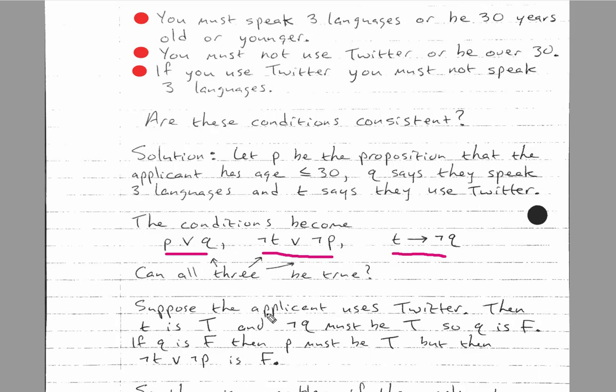So if the applicant uses Twitter, then we can make these 2 conditions true, but the middle one is false. All right, so that's telling us that combining these 3 conditions, the applicant cannot use Twitter and satisfy all 3.